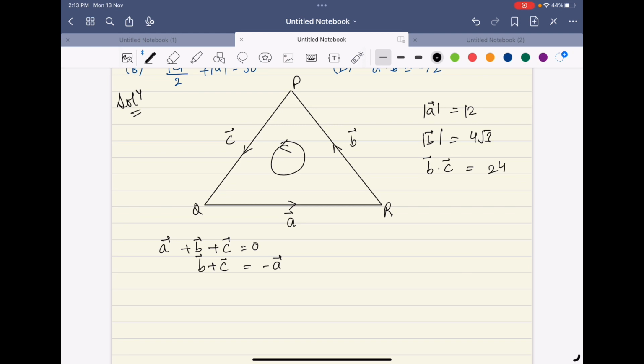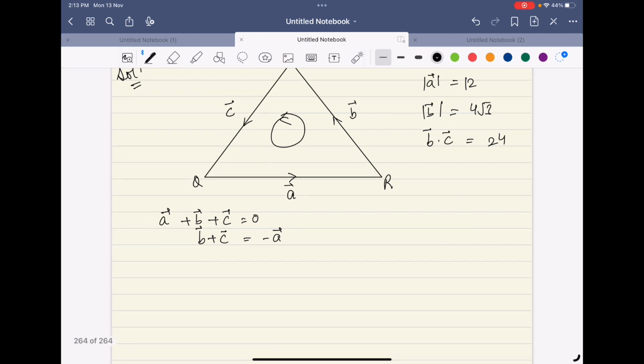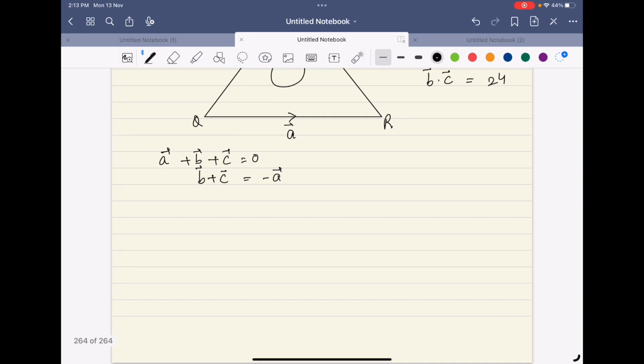Our idea would be to take the square on both sides. On squaring both sides, we get mod of B square plus mod of C square plus twice B dot C, equal to mod of A square.